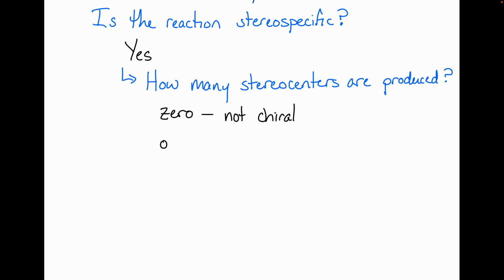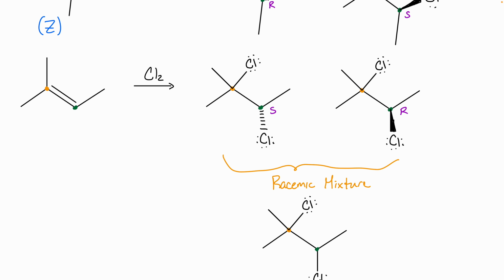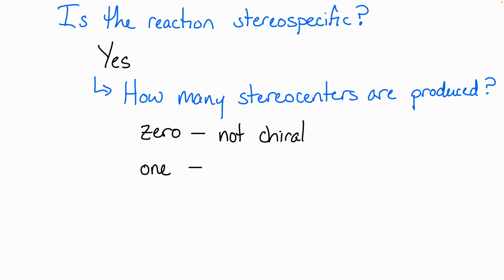All right, what about when we get 1 stereocenter produced? That was the case for this last reaction, right? We did have a stereocenter that we produced, but what do we get when we just have 1 stereocenter? That racemic mixture. In both of these cases here, you would just use those straight line bonds.